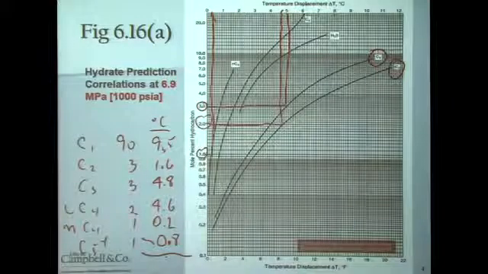If you add all these numbers up, you will find the hydrate formation temperature of this particular mixture at 69 bar. I'll see you next time when we talk about energy changes in systems. Thank you for your time.